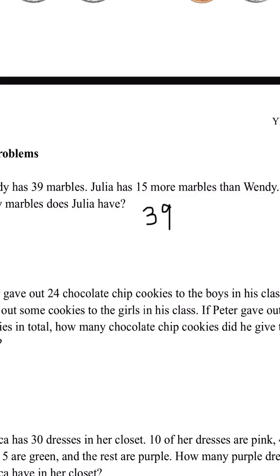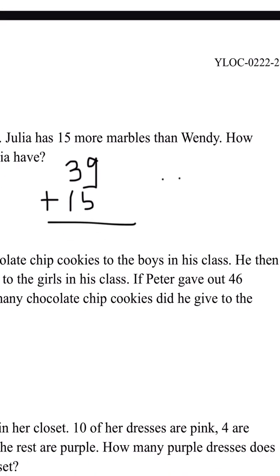That means we have to add 15 to find how many marbles Julia has. 5. So 9 plus 5, 1, 2, 3, 4, 5, 6, 7, 8, 9. 1, 2, 3, 4, 5. That was 9, 10, 11, 12, 13, 14.